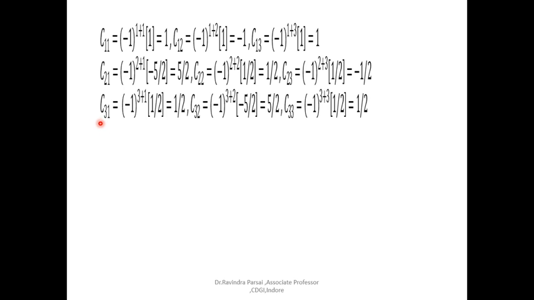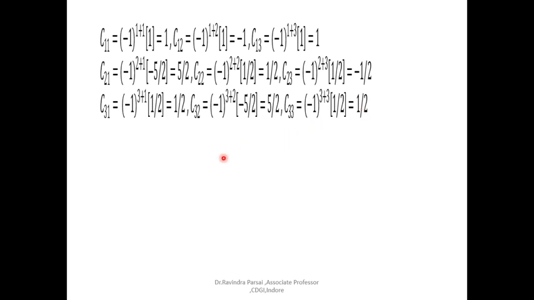Now you come to the third row cofactors, so 3 comma 1, and the second element of the third row is plus 5 by 2, and the third row, third column element cofactor is 1 by 2.